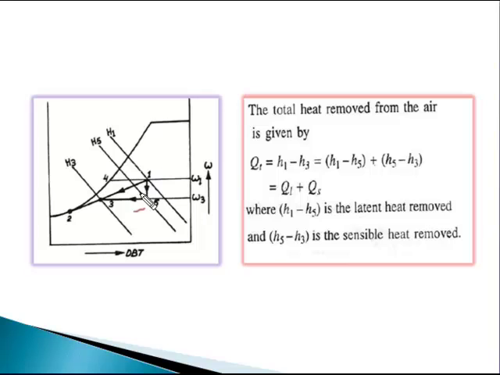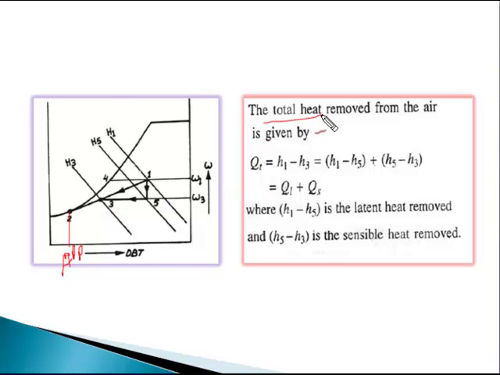In this psychrometric chart, for a process 1 to 3, the point 2 indicates the apparatus dew point. Here, this is the apparatus dew point for process 1 to 3.